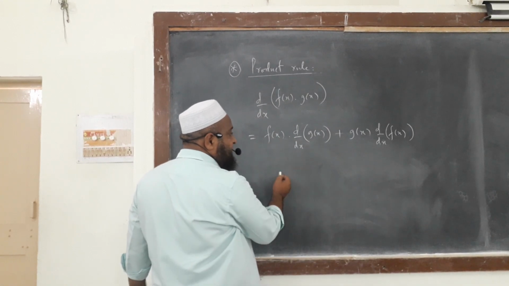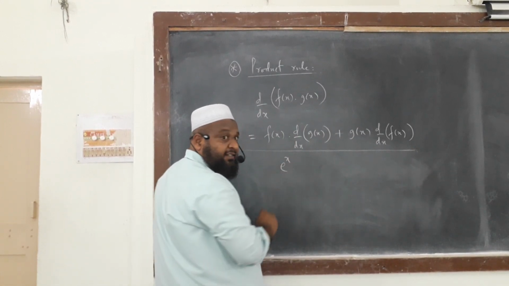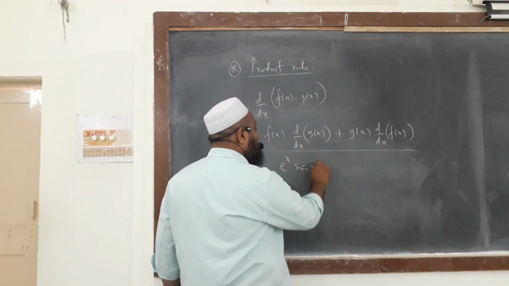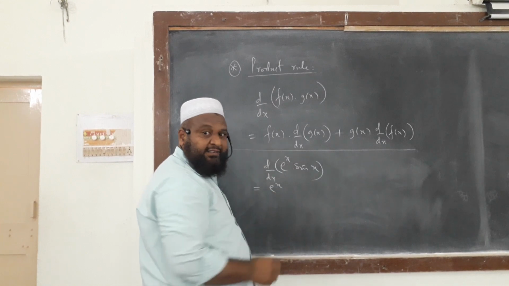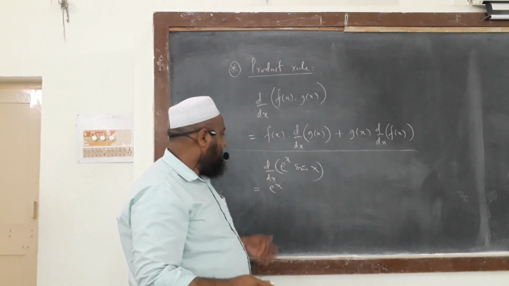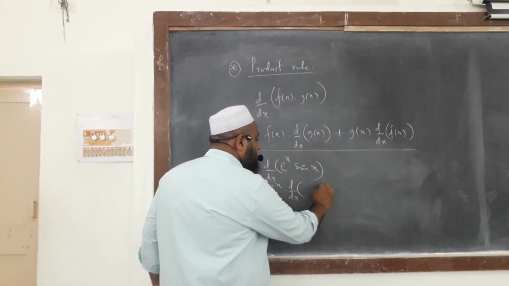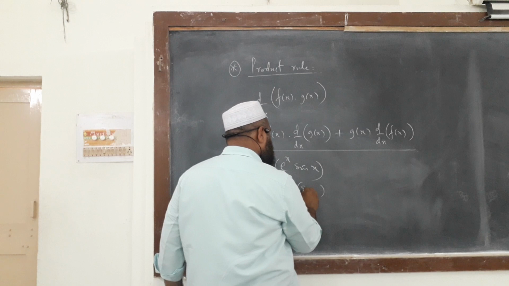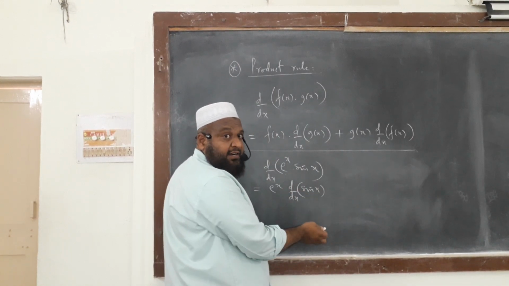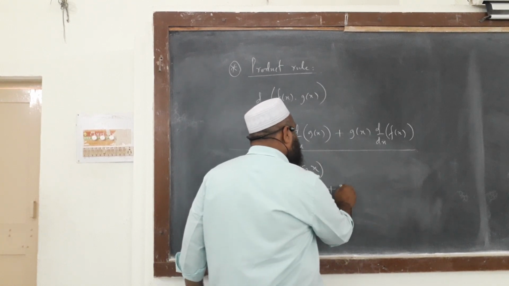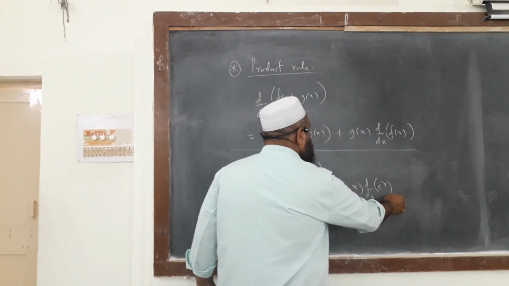Now let us practice this with an example. If I have e to the power of x with sin x, what is the derivative of this? I will first keep e power x as it is, times d by dx of sin x. Don't write cos x here because I am just writing d by dx of this one. In the next step we will write cos x, plus I will keep sin x as it is, and then write d by dx of e power x.